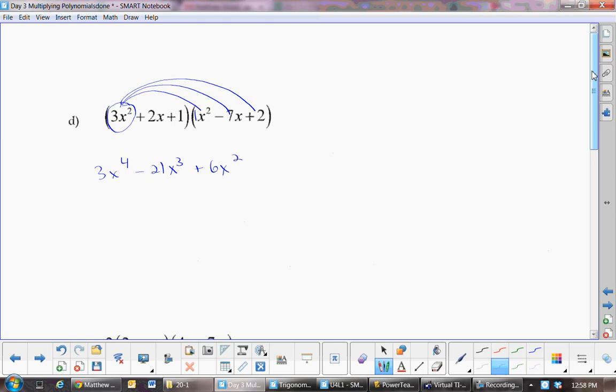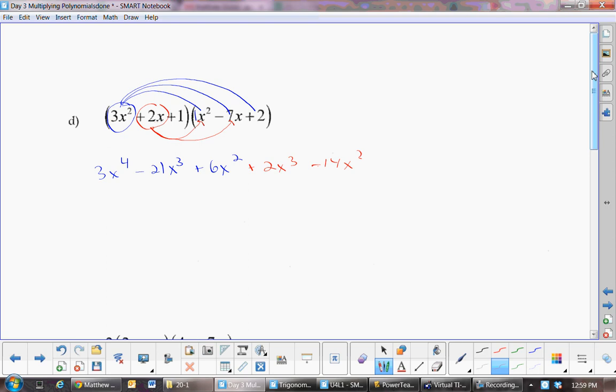Now, the 2x. So organization is key here, obviously. So this is the strategy I use. I will circle it, and I will draw the 3 arrows, do the question, multiply them, put the answer. Okay? So, this is how I would do it. I would go like this. Okay, 2x times x squared would be 2x cubed. Then I go and I will do the next one. 2x times negative 7x is negative 14x squared.